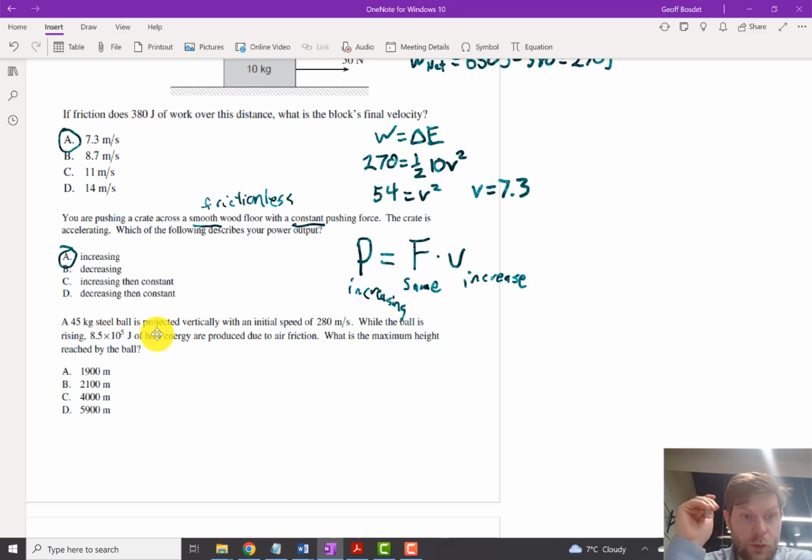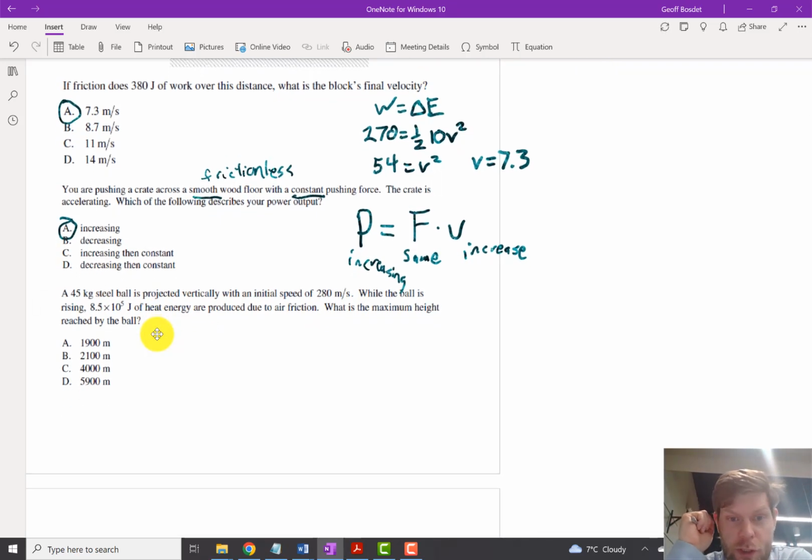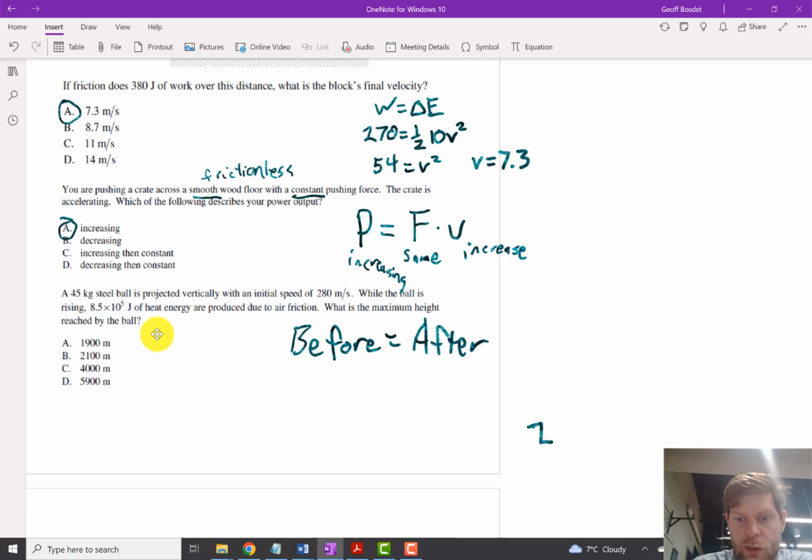Next one. We've got this ball projected vertically with an initial speed of 280 meters per second. So we've got kind of a before equals after. Looks like you've got some sort of cannon on the ground shooting this ball up in the air. It's initially 280 meters per second, and then later when it's reached its max height, it's up high, and we want to know how high it is. So before, it's got kinetic energy.